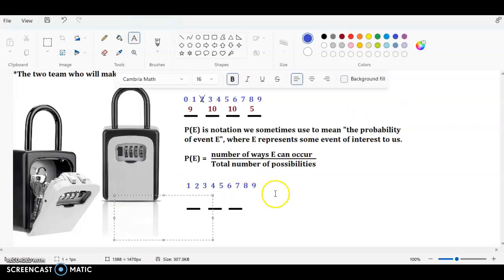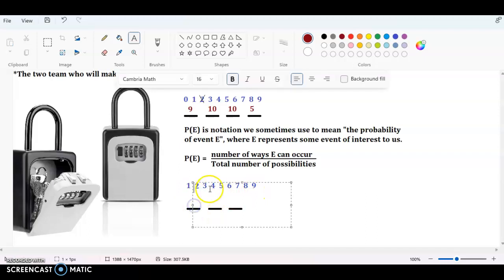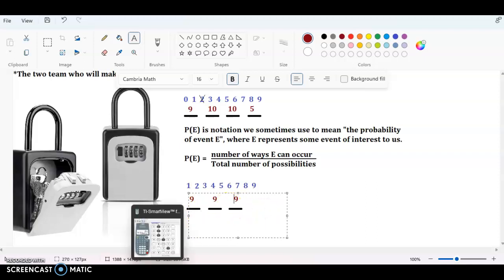So this is an application of the fundamental counting rule that we learned about earlier. So there are 9 digits 1 through 9, and because we can repeat them in our access code, each number in our access code has 9 possibilities.